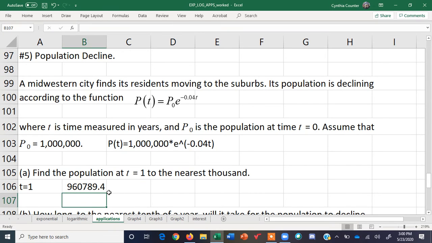All right, so after 1 year, the population goes from 1,000,000 to 960,789. Now they want this to the nearest 1,000, so 961,000.